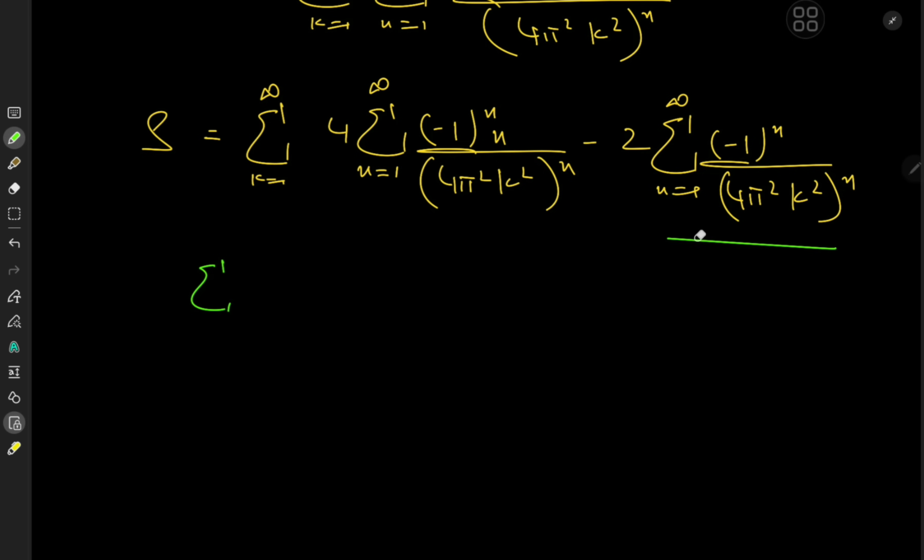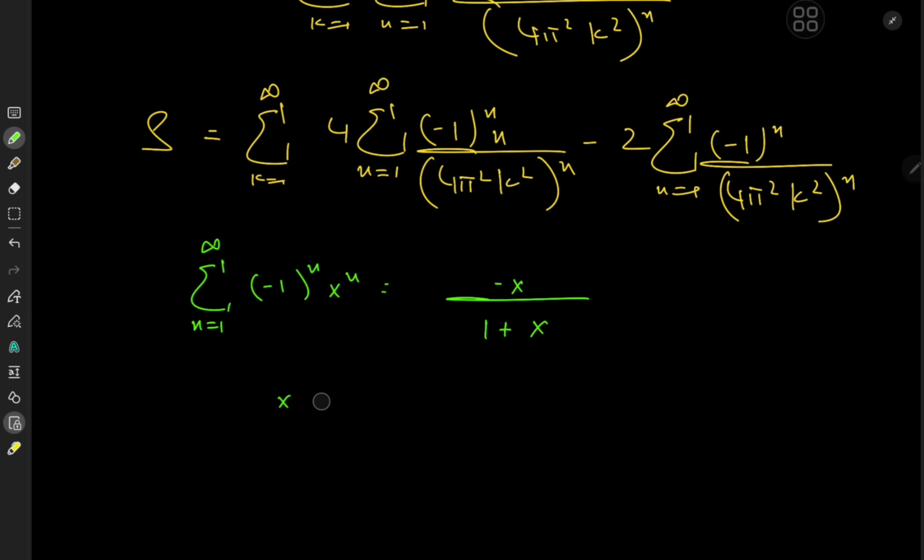So the template is the sum over n from 1 to infinity of (-1)^n x^n, which is, of course, a geometric series, with the first term being equal to -x and 1 minus the common ratio of -x. So that's 1 plus x over there.